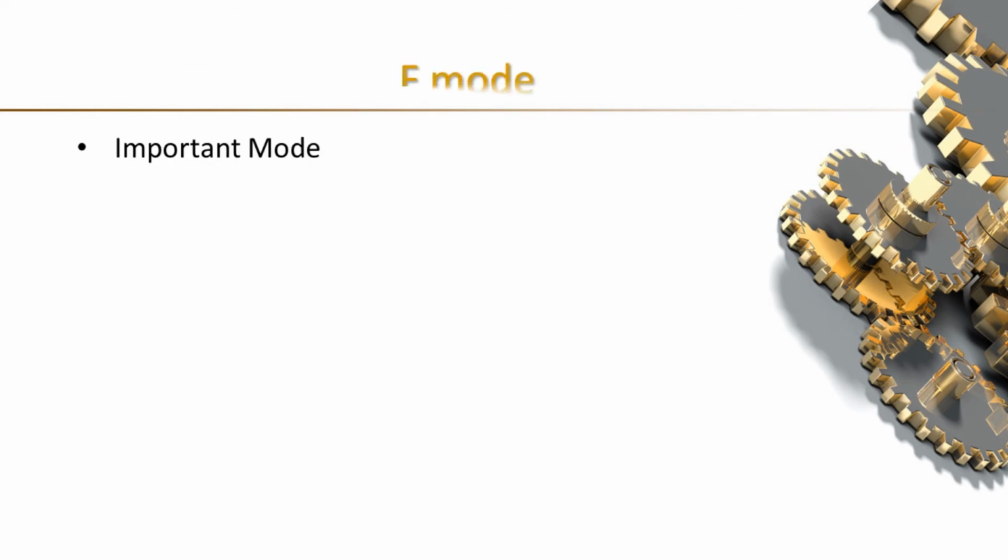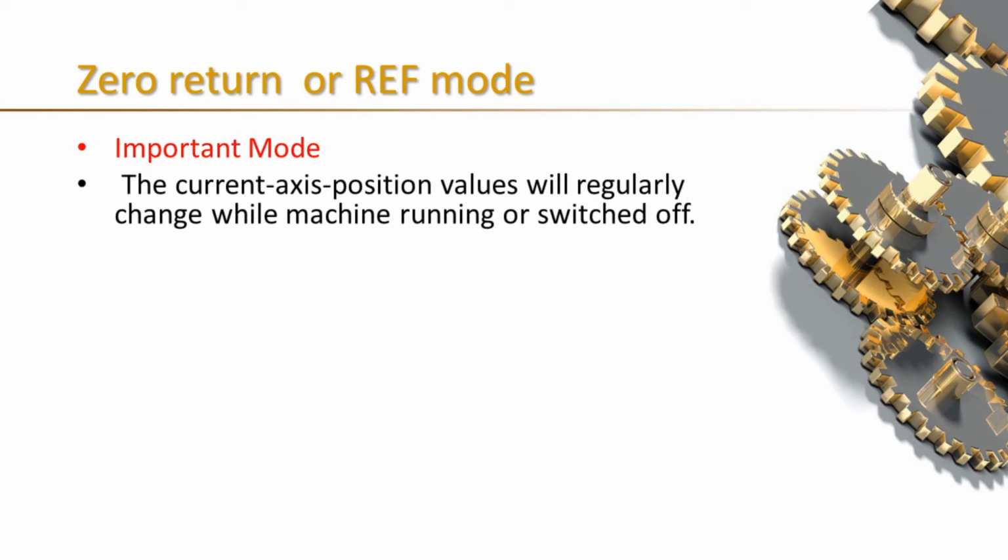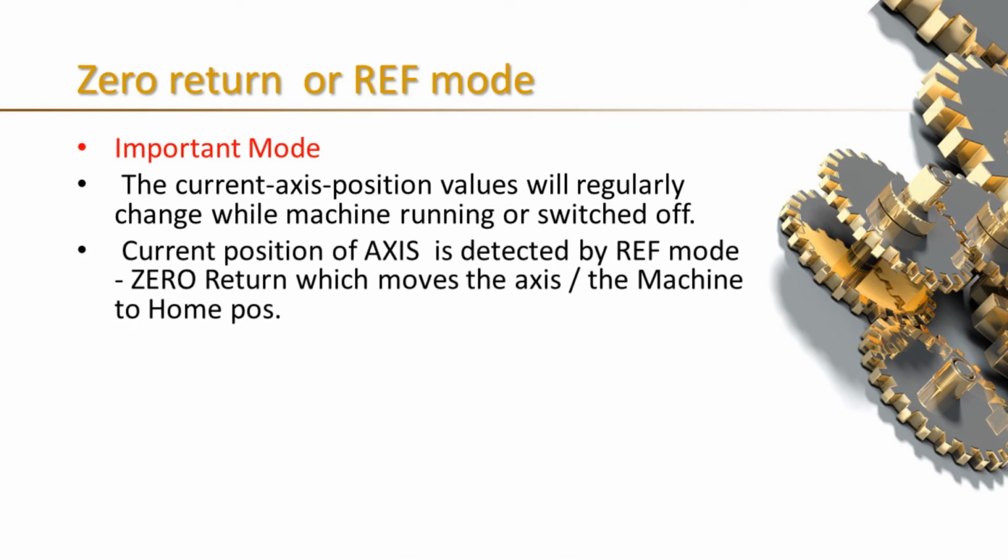Now we are going to see a very important mode, that is zero return or the reference mode. Whenever the machine is running or switched off, the current axis position or the home position values will regularly change. To detect the current position of the axis or the home position, we use the reference mode, also called the zero return mode.